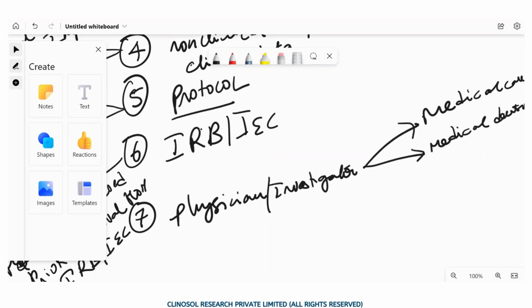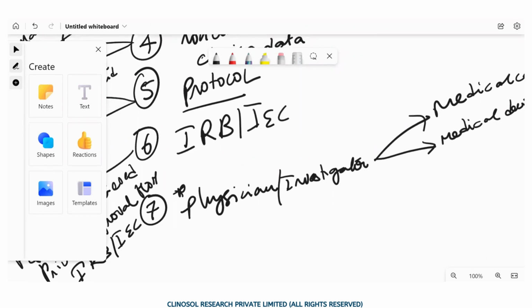It means that medical care given or medical decisions taken on behalf of the subject should always be the responsibility of a qualified physician, or sometimes a dentist when the clinical trial is a dental clinical trial. So this is principle number 7.